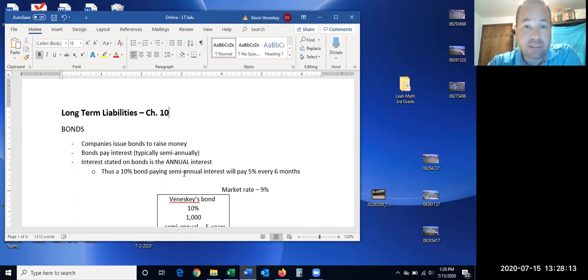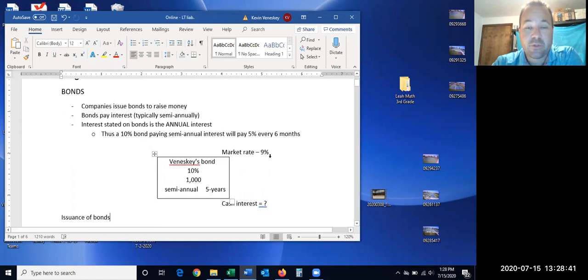So if you took the principal, it doesn't even matter what it is, and then the rate, 10%, times the time being 1/2 or half of a year, that 10% is really like paying 5% every single 6 months. So even though it's a 10% bond, that's what it pays for the whole year. But after 6 months, it only pays 5%, and then the other 5% the next 6 months.